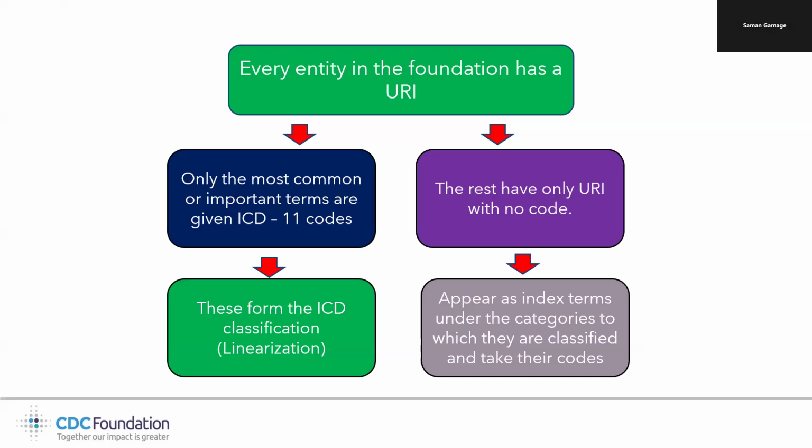Those without codes have only a URI, unique resource identifier, and they appear as index terms under the categories to which they are classified and take their codes. This means there are categories with codes, and the entities without ICD codes, those that have only a URI, are categorized under these index terms.